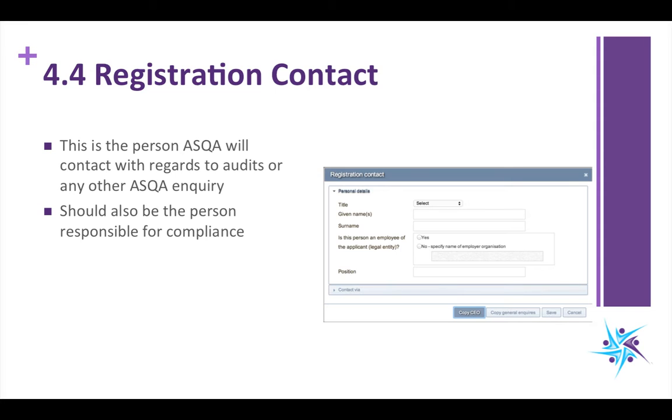This person is normally responsible for compliance. They should be able to answer the questions to ASQA quite easily about your operations and how your RTO operates. When ASQA come out to do an audit, this is the person that they'll contact. They'll normally send you an email, and this is the person that they will email.